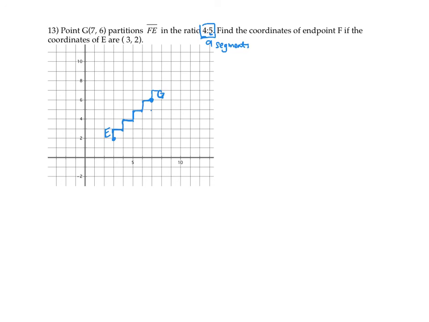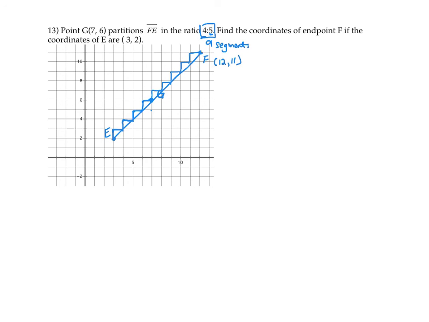So 1, 2, 3, 4, 5. And then our other endpoint at F will be at 12, 11. And we can connect it with a nice line segment. Clean up the ends because it wouldn't have to have definite endpoints in this case.